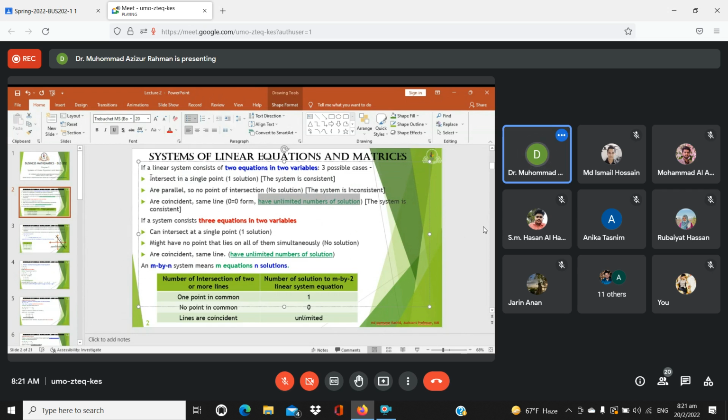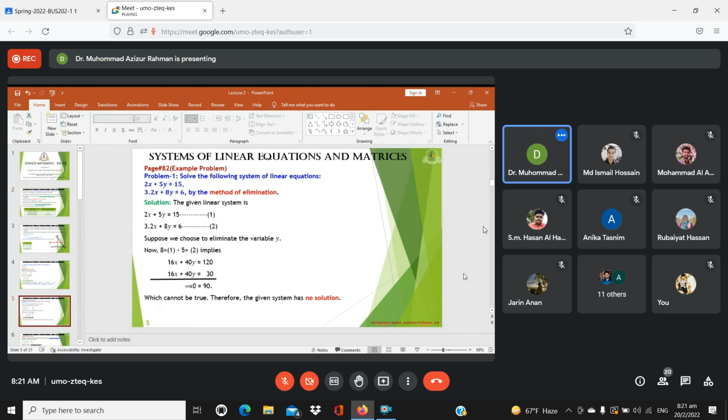The first condition was that there can be one solution, one point. The second condition was no solution, where the lines are parallel. The third is that the system is coincident, the same line representing both, so there are unlimited solutions, multiple values of x and y.